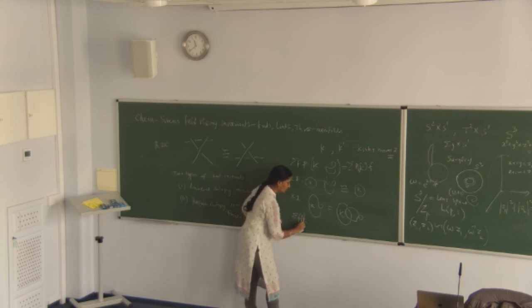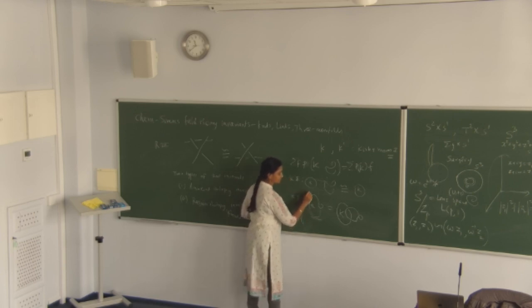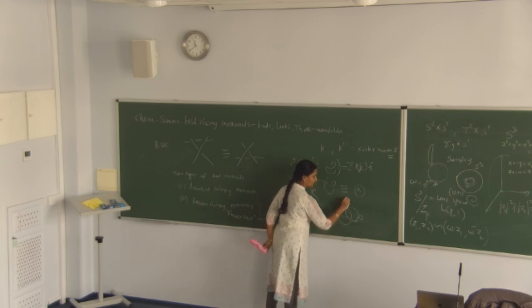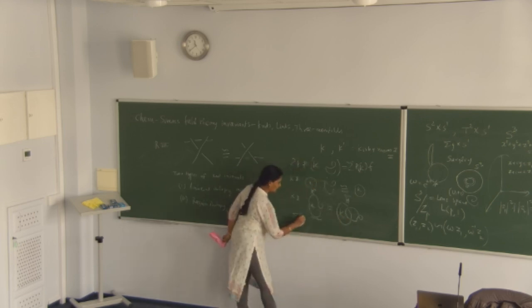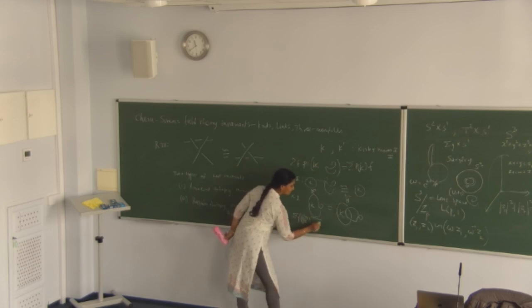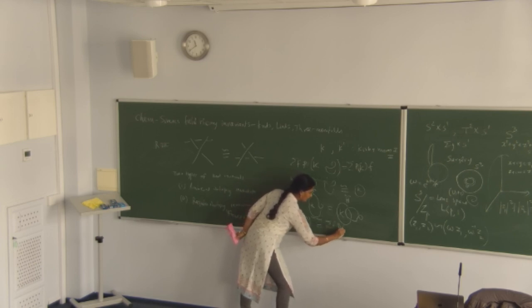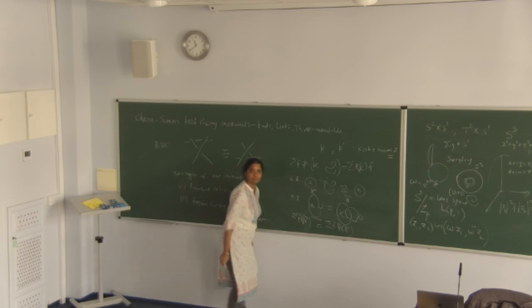If you take p of this K, this whole thing with this twist is what I'm calling K tilde, and then this one let me call it some H tilde, so p of K tilde should be the same as this.